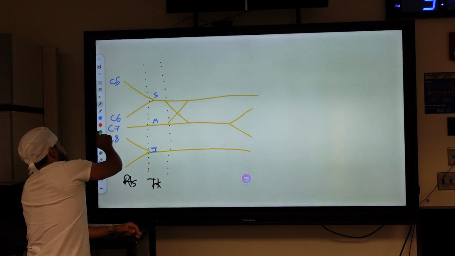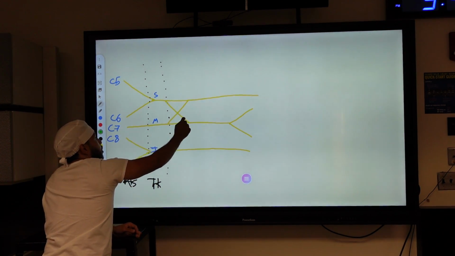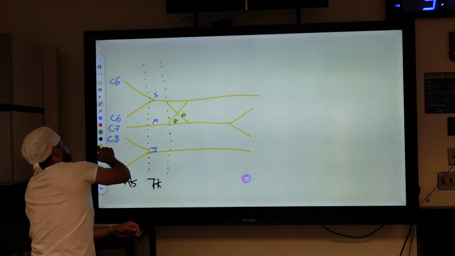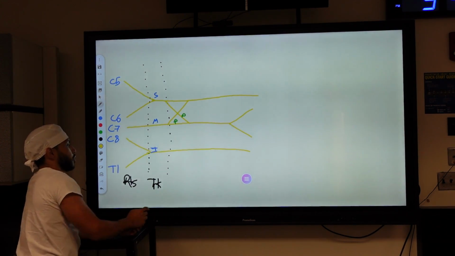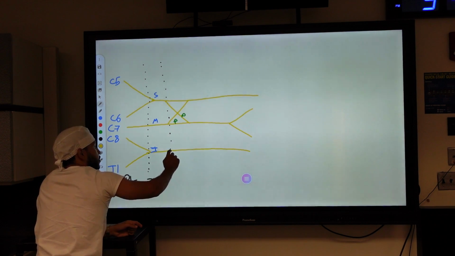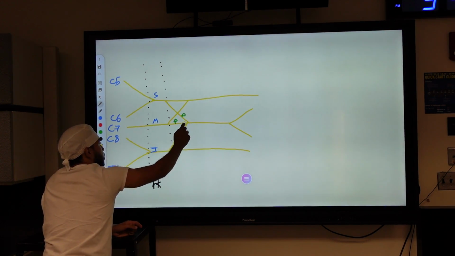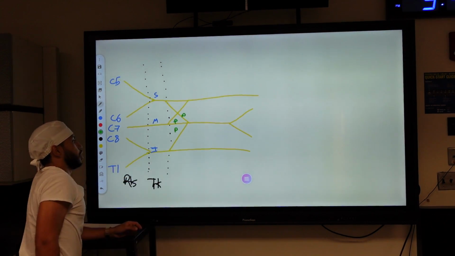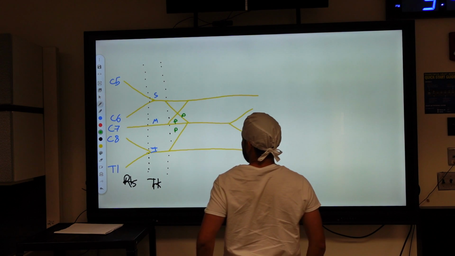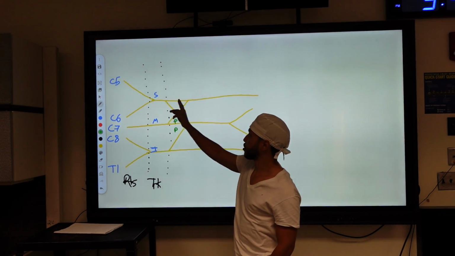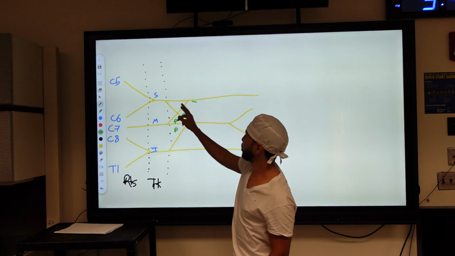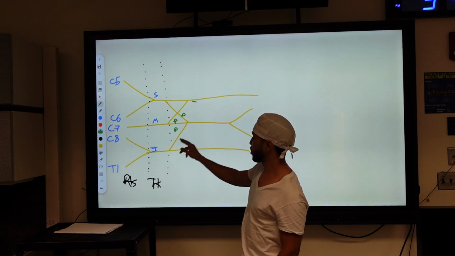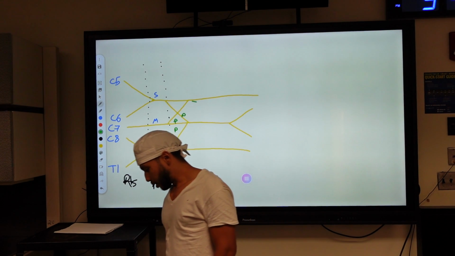This is the posterior division, and then the inferior trunk continues on over here as the anterior division, and it gives off the posterior division that goes off here. So you see each trunk has two divisions: superior trunk, one, two; middle trunk, one, two; inferior trunk, one, two.